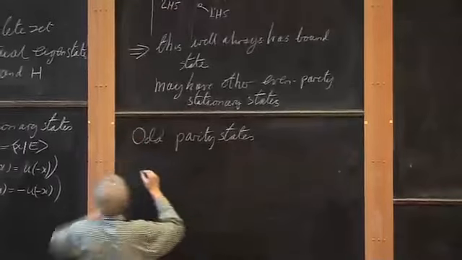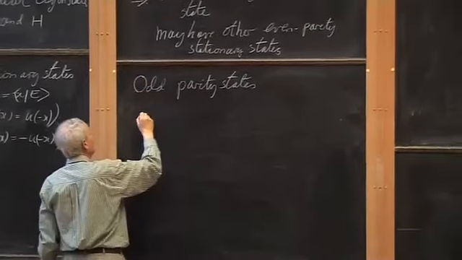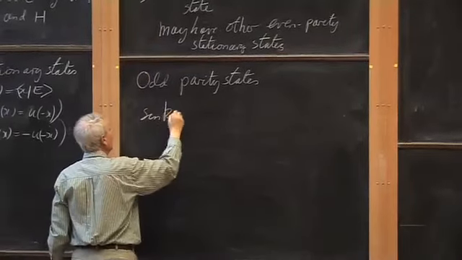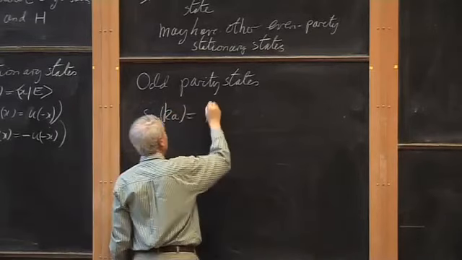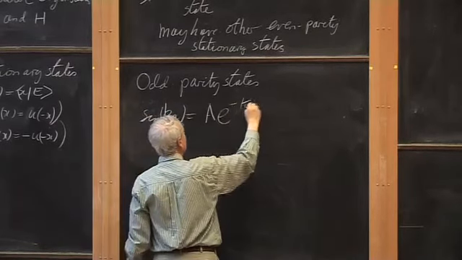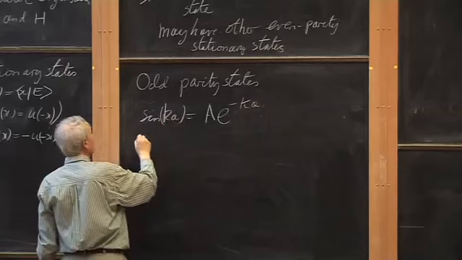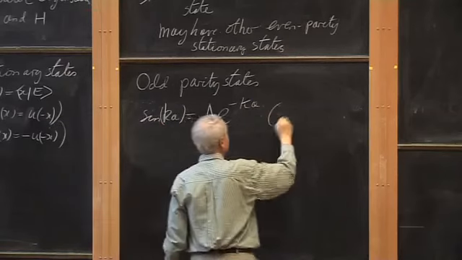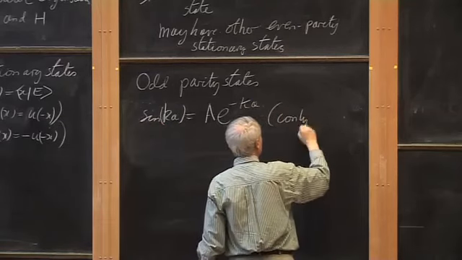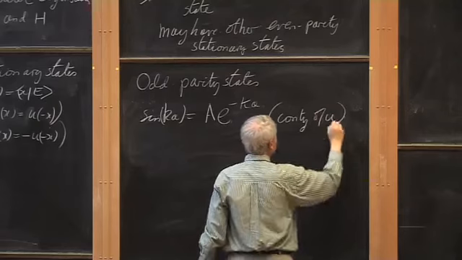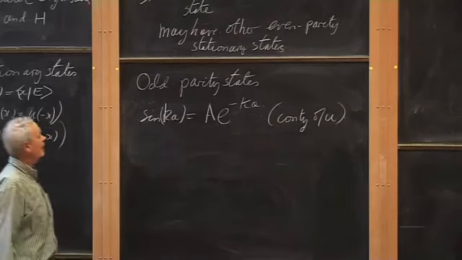So our continuity conditions become that sine ka is equal to A e to the minus Ka, and that's the continuity of the wave function itself at x equals a.